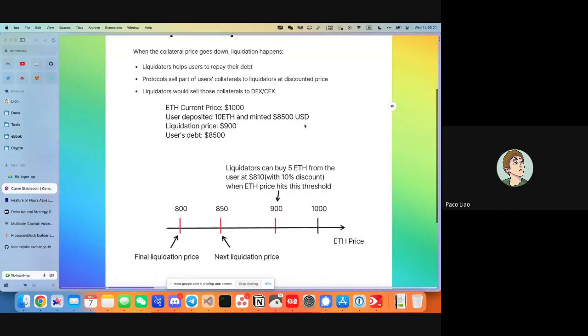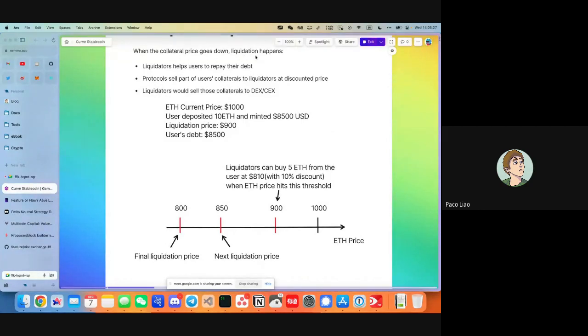Normally the liquidation process works like this. When the collateral price goes down, liquidation happens, and liquidators help users repay their debts. Users have debt on the protocol, and when their collateral price goes down, liquidators repay the debt, and the protocol sells part of the user's collateral to liquidators at a discounted price.